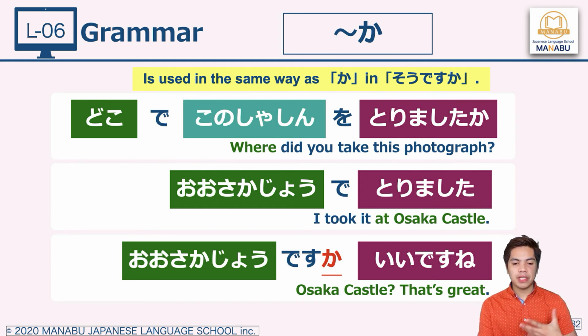Then the speaker, or the one who asked the question, acknowledged that information that he received. Oh, Osaka Castle? Osaka jo desu ka? Ii desu ne. That's great. After he heard that the picture was taken at Osaka Castle, the speaker is a little shocked or surprised. Wow! Osaka Castle? Really? Osaka jo desu ka? Ii desu ne.